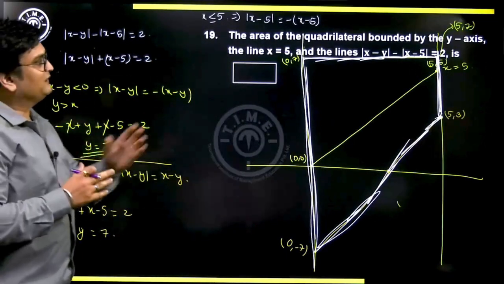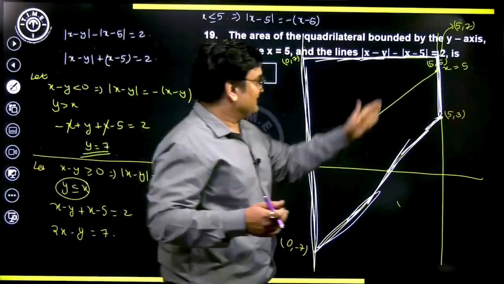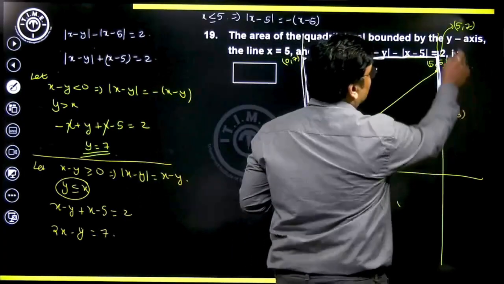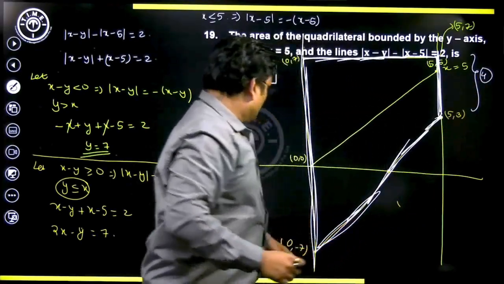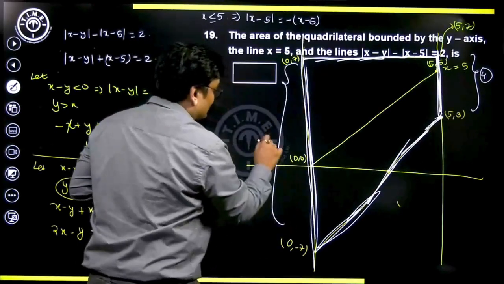If you notice carefully, this quadrilateral turns out to be a trapezium. These two are parallel sides. We also know the lengths. From 5, 3 to 5, 7, this length will be 4 units. From 0, minus 7 to 0, 7, this will be 14 units.